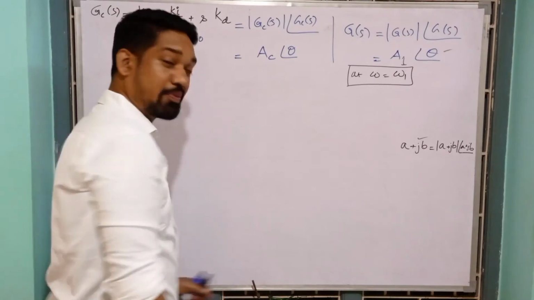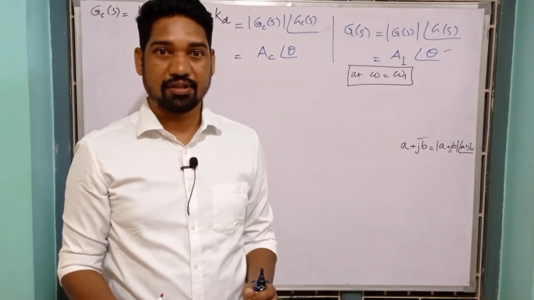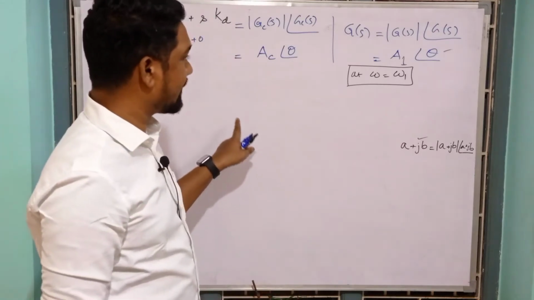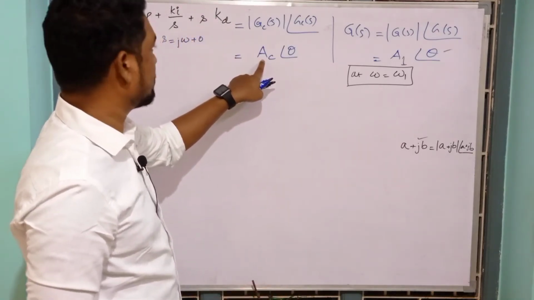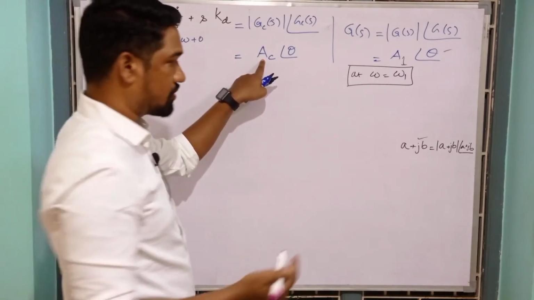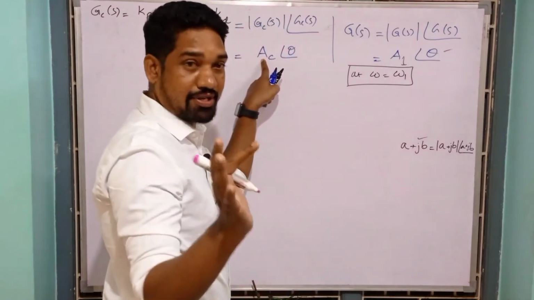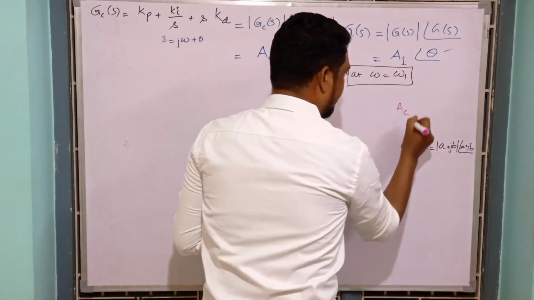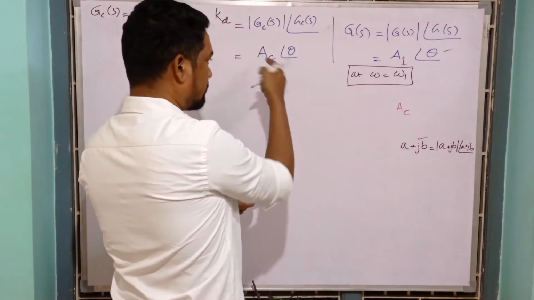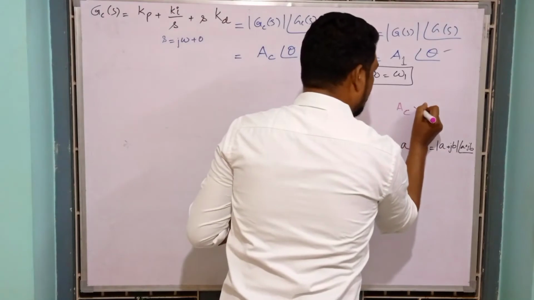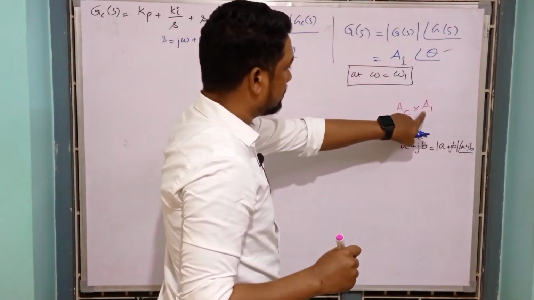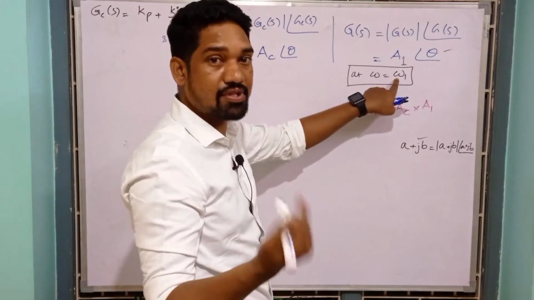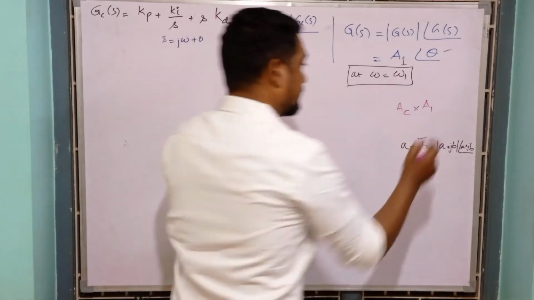And guys, another important point to remember in this design, especially in deriving the expressions for designing a compensation controller: the design is carried out in such a way that AC, the magnitude of the compensator system, into A1, the magnitude of the open loop transfer function, plugging in the value of omega equal to omega 1, that value of frequency at which the desired modification is to be done, will be equal to 1.